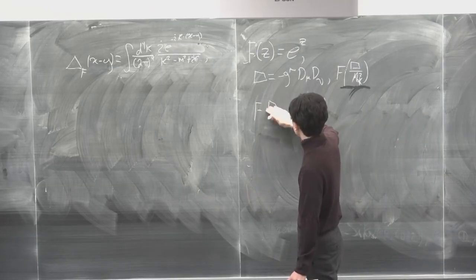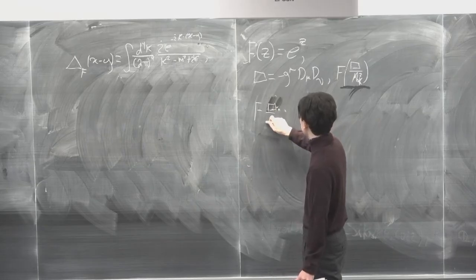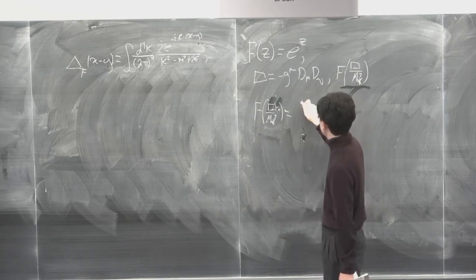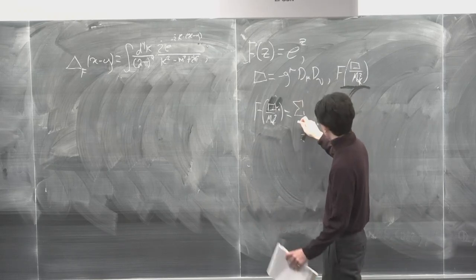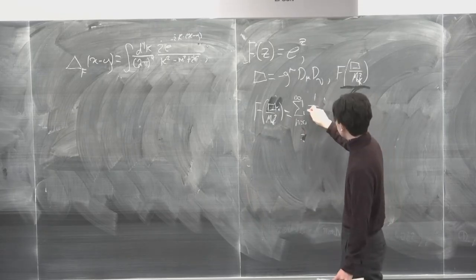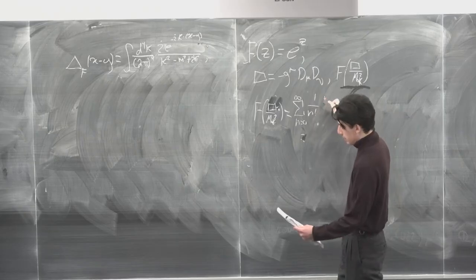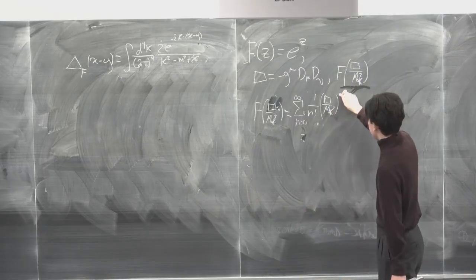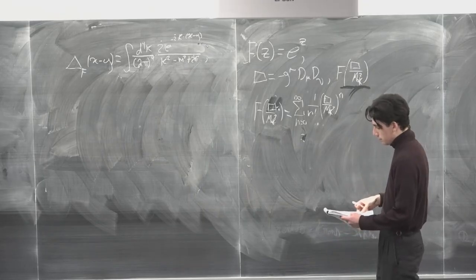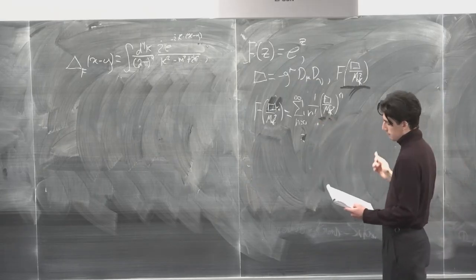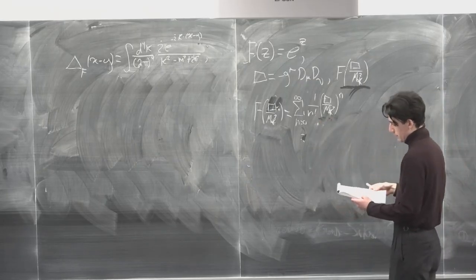f of box over m star squared would be equal to the sum from 0 to infinity of 1 over n factorial times box over m star squared to the nth power. So for some constant mass scale, this series is convergent.